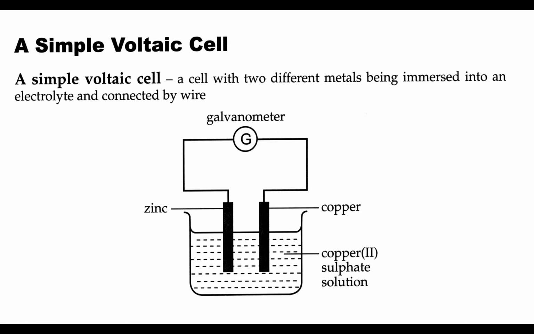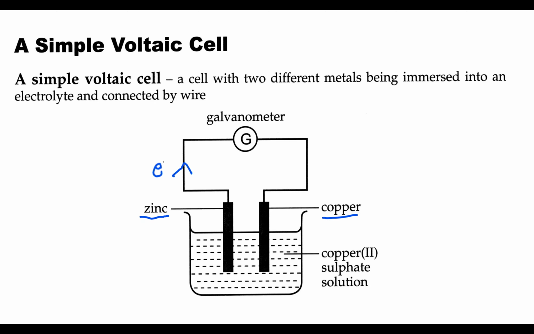Let us now look at the simple voltaic cell, which is a simple battery. The simplest battery is just two different metals of different reactivities connected by an external circuit. In this case, zinc is more reactive than copper, so zinc will give electrons to the copper.